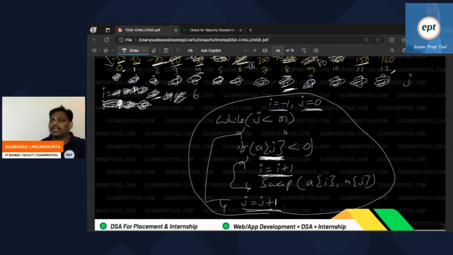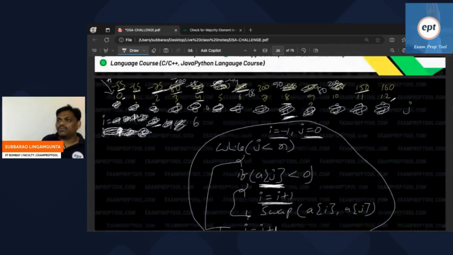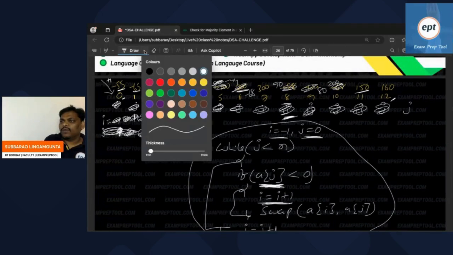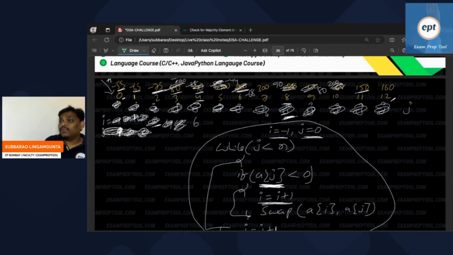Some people are asking, what is the use of these things, sir? What exactly have you done? Remember, in computer science, this is one of the famous algorithms. This algorithm name is called partition algorithm. What this partition will do is, if you want, you can verify.